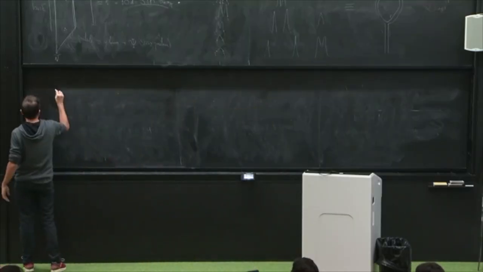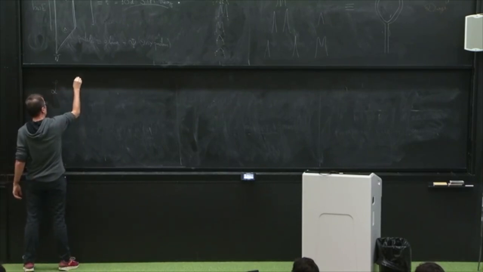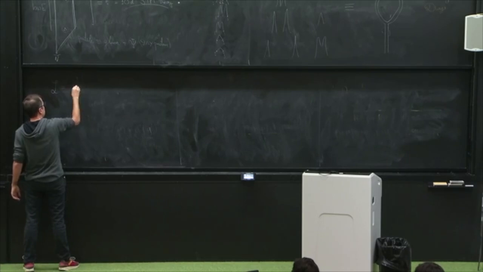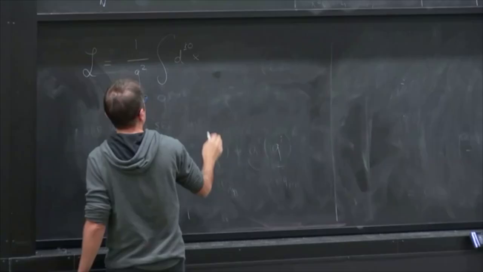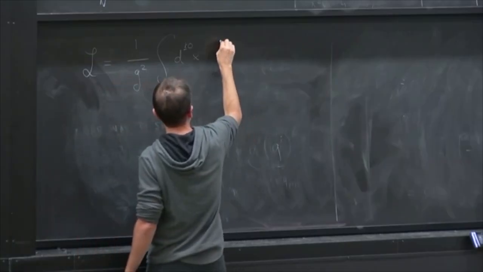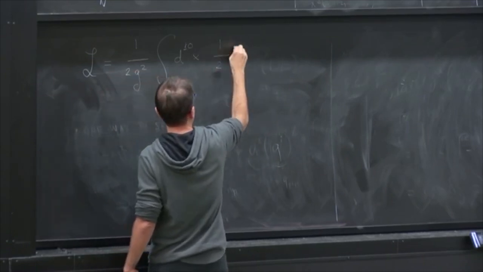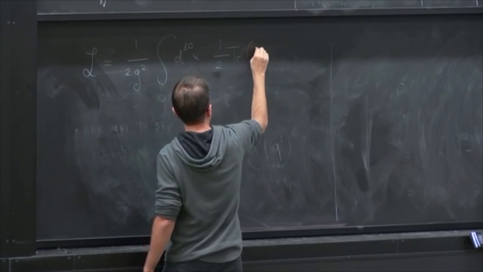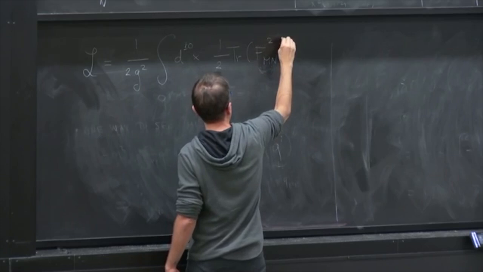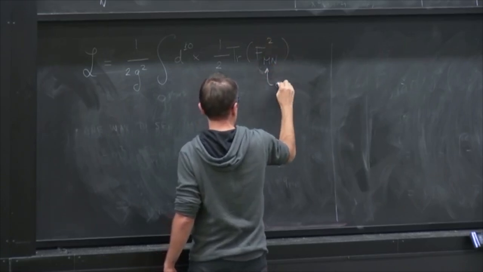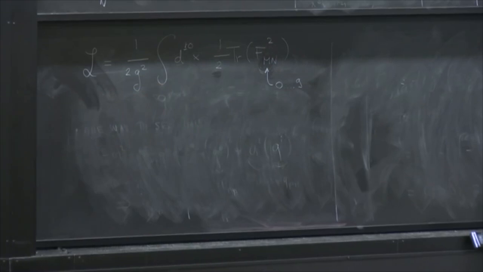This theory, the Lagrangian, is, well, there is the usual 1 over g squared, integral, we are in 10 dimensions, so d^10 x. Then there is, I think conventional, if we put a 1/2, then there will be 1/2 of the trace of F_MN squared, where M takes values from 0 to 9.